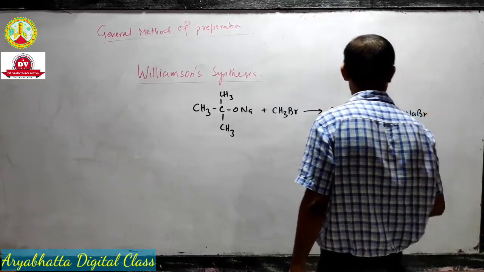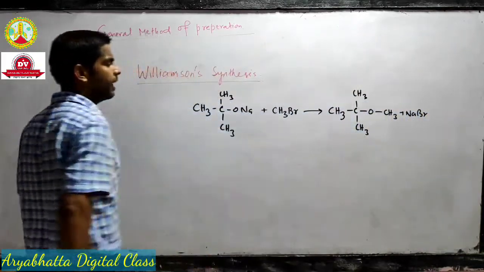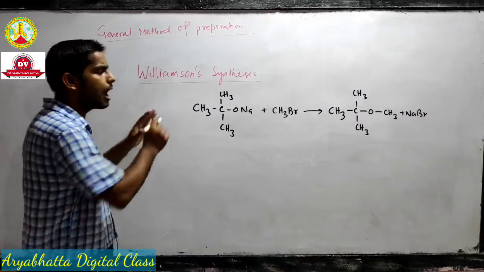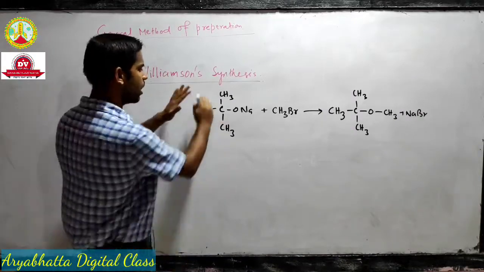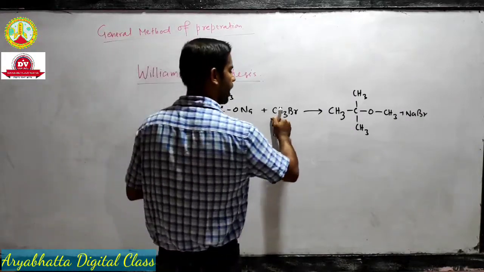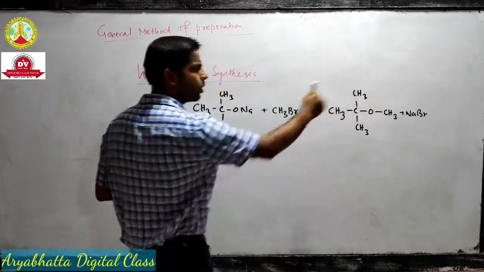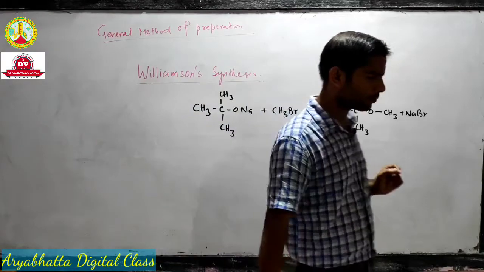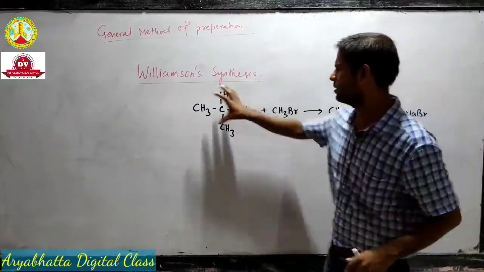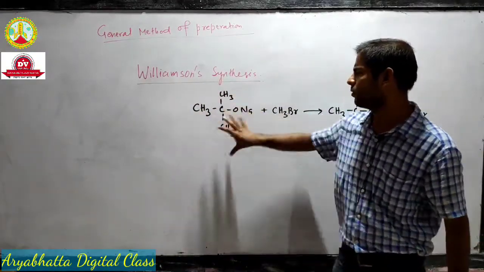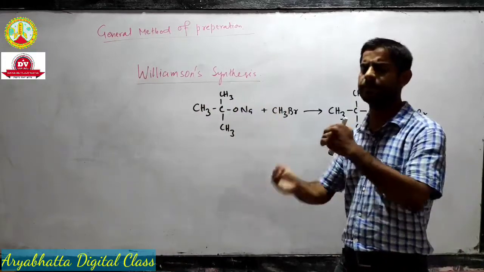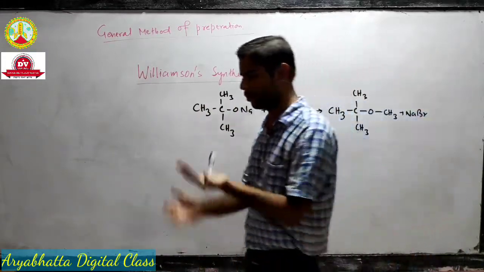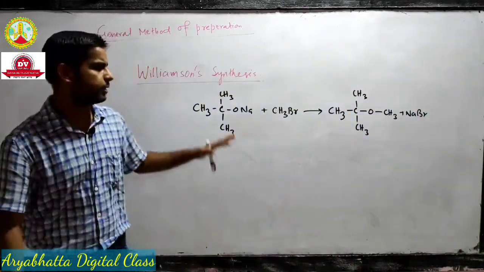We will get a product like this, R-O-R dash. This nucleophile will attack the carbon from the backside, bromine will be replaced, bromine will leave and we will get this product.